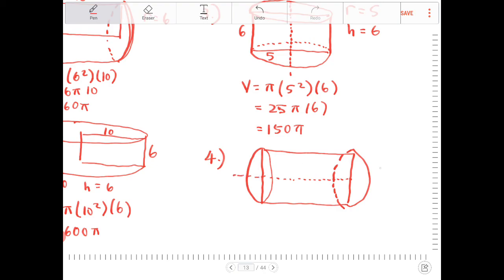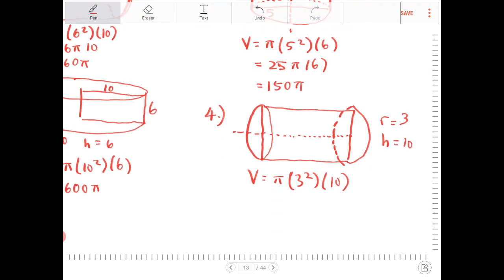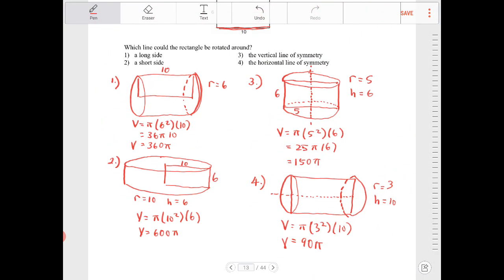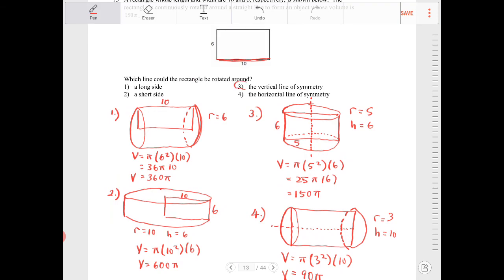So the radius will end up being 3, and the height will end up being 10. So the volume in this case will be pi times 3 squared times h, which is 10. So here I'll end up with 90 pi, because 3 squared is 9 times 10, I'll get 90 pi. So yes, option 3 is the correct solution then.